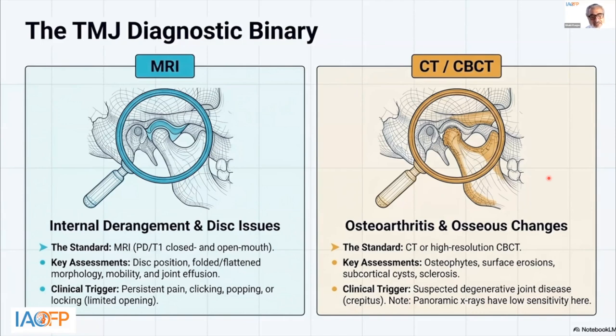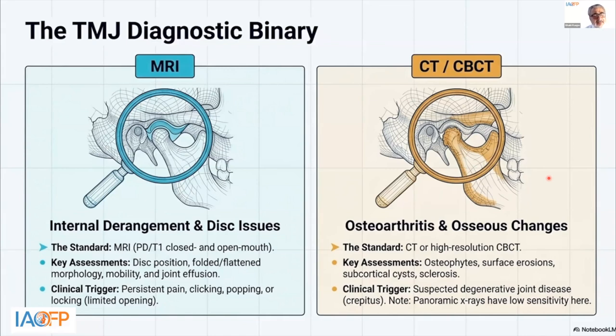I usually order CT, but the most common use is CBCT. We can assess osteophytes, erosion in the surface of the condyles, subcondylar cyst, and sclerotic bone. These are the more common findings with hard tissue imaging.